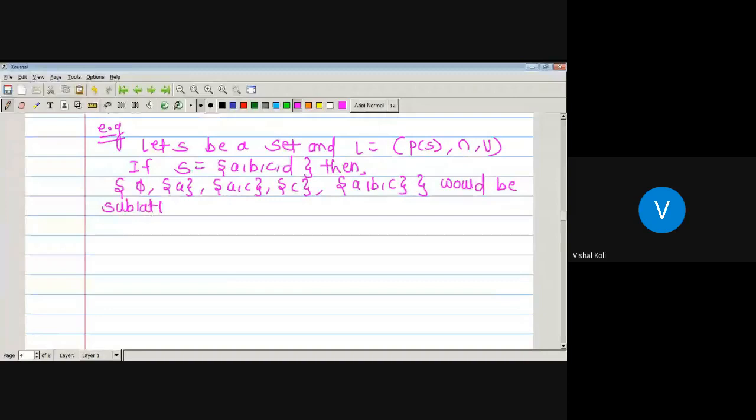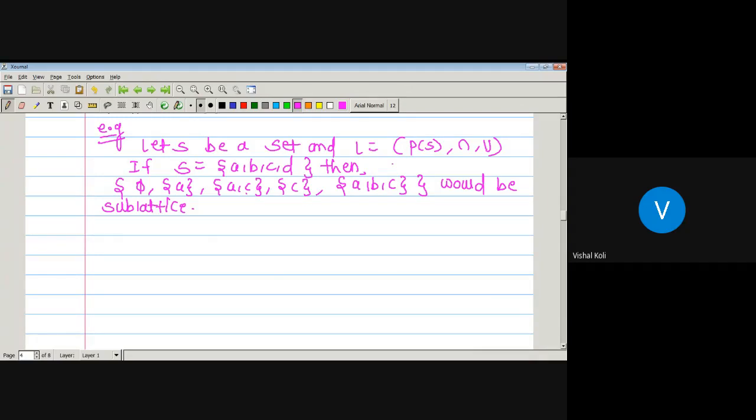Okay, so here we have taken one set S which contains the four elements A, B, C, D, and we have taken one set which contains five elements: phi, A, doubleton AC, singleton C, and ABC. Now if we take any two elements among these five elements, its intersection and union always belong to that set. Okay, so it is closed under both the operations intersection and union, therefore it is a sublattice, from the definition of sublattice.